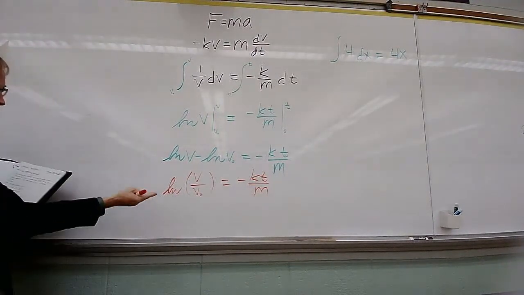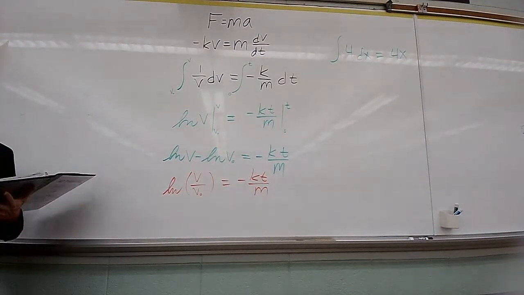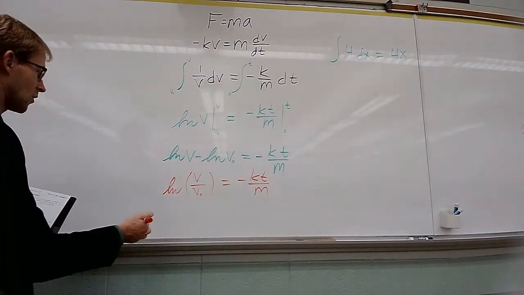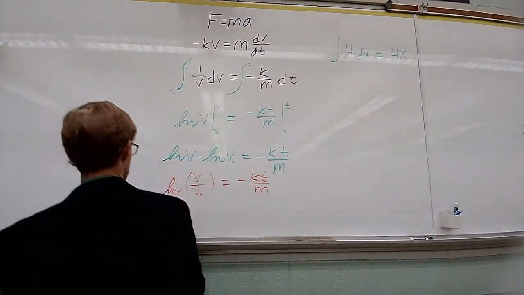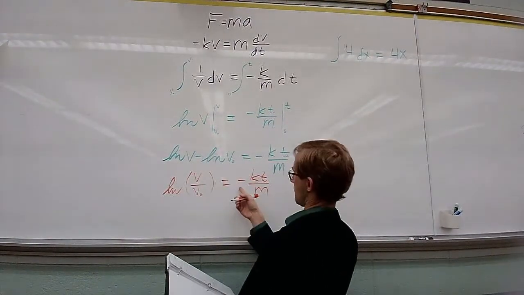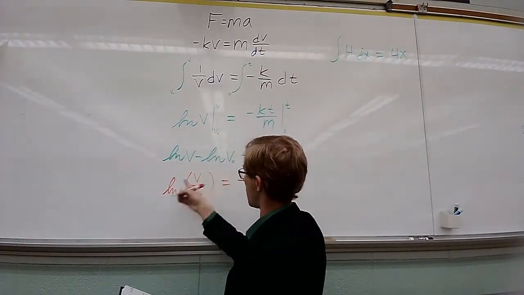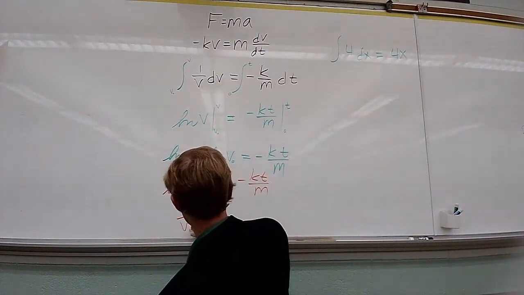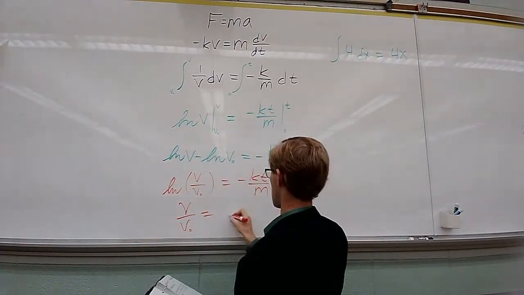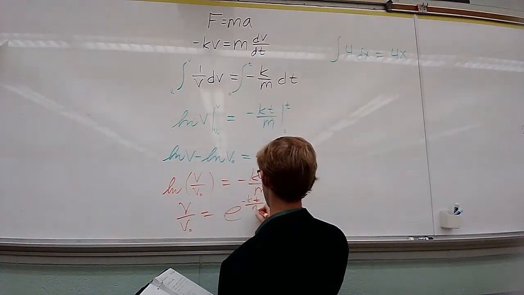So we got to basically shift these up into an exponent of the letter e. So e to the natural log of v over v original is equal to e to the negative kt over m. So e to the that is just going to become v over v original. And the e is going to remain over here because there's no natural log to disappear.